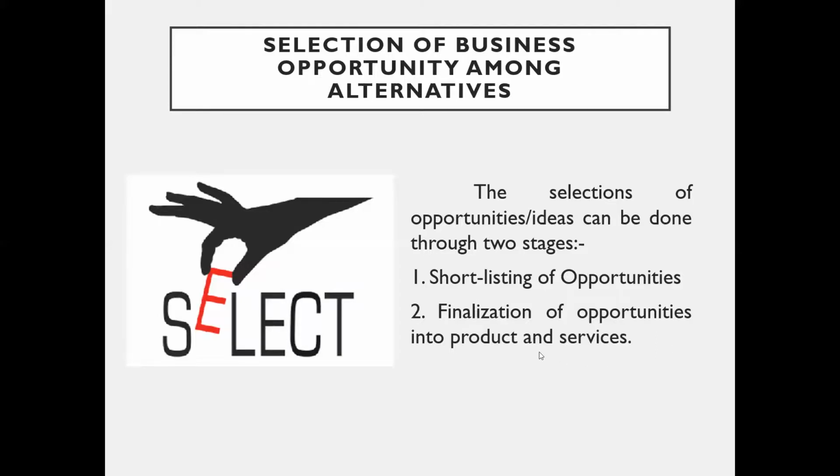Finalization of opportunity into product and services. While finalizing the product, it is essential to assess some parameters before deciding on the product out of 2 or 3 shortlisted ones.